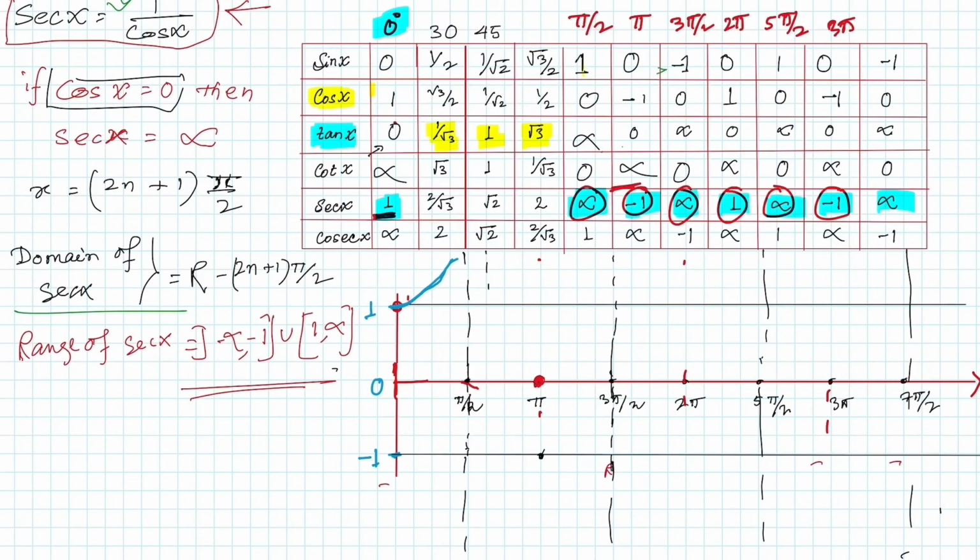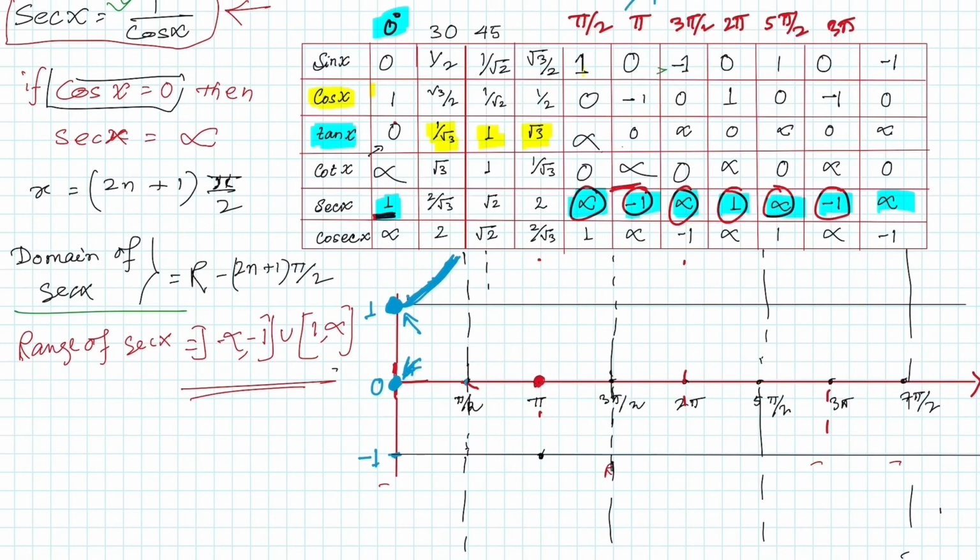So here at x equal to 0, sorry, sec x is 1 at x equal to 0. Then at pi by 2 it is infinity, so this graph will be rising up.